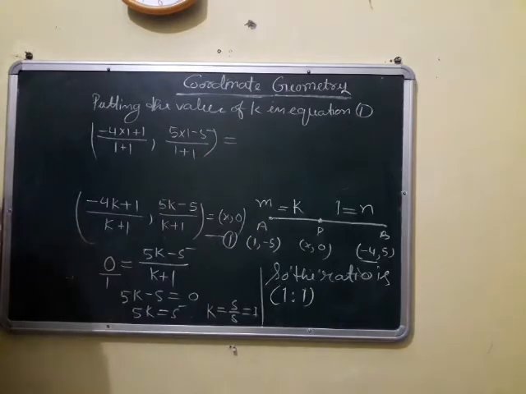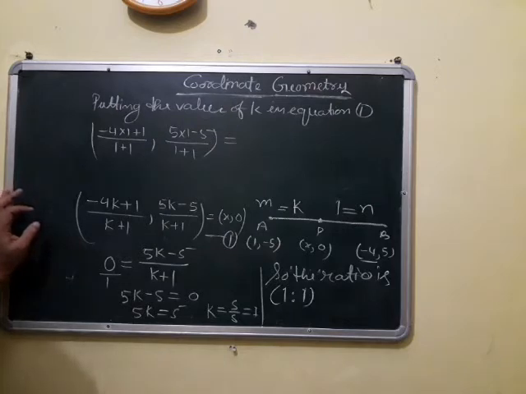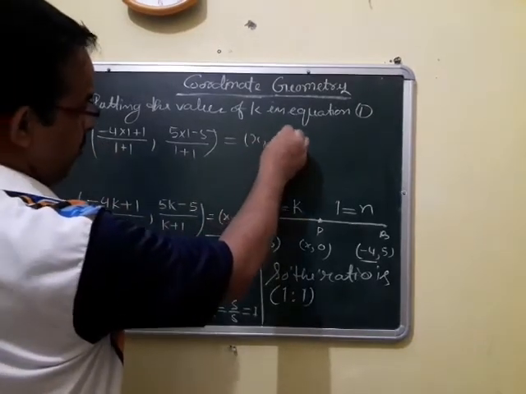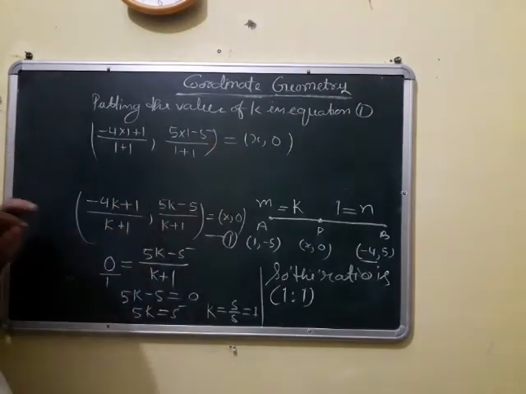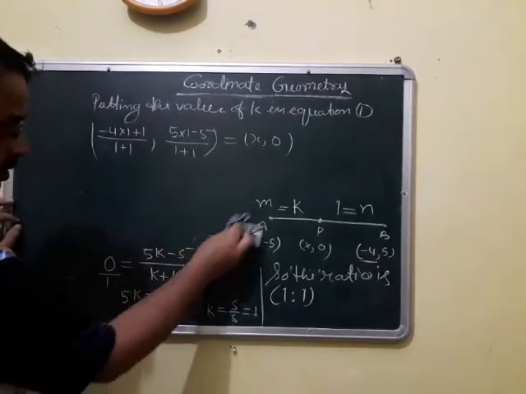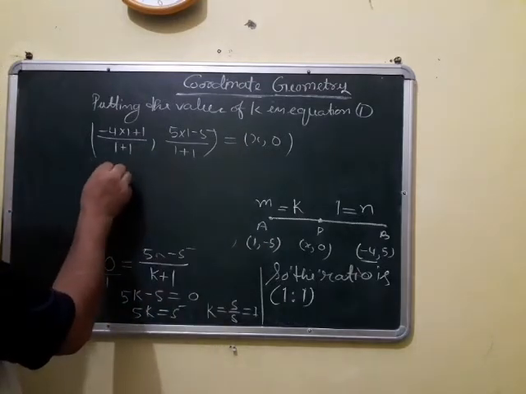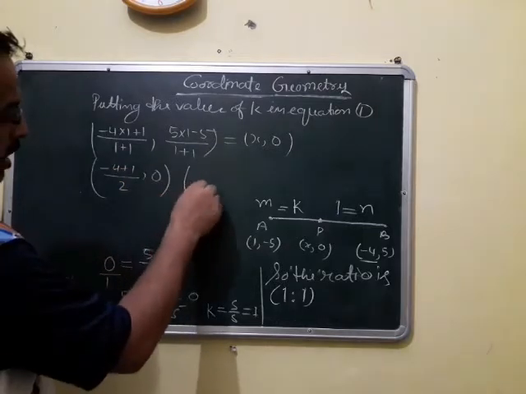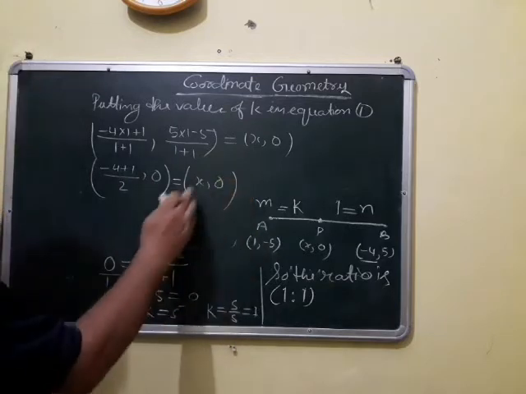For x, this portion is x, 0. So we write: minus 4 plus 1 by 2, 0, equal to x, 0.